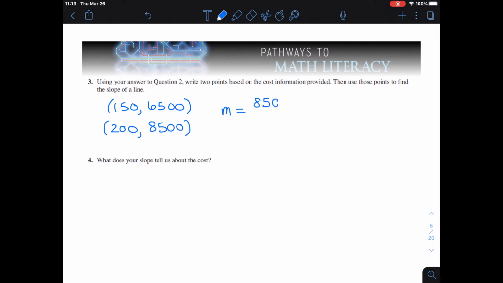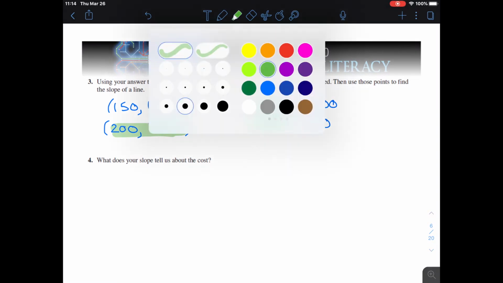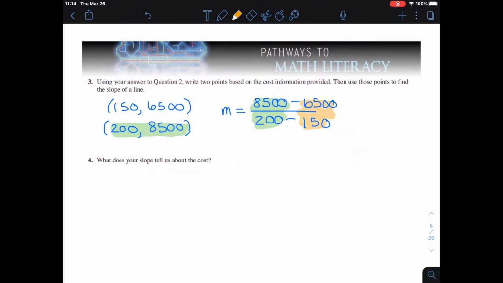So if I put the 8,500 first, the 200 has to go first in the bottom, because we keep the like points together. And then we subtract the second point, so 6,500 and 150. These 2 points go together. So up top, we get 2,000. In the bottom, we get 50.